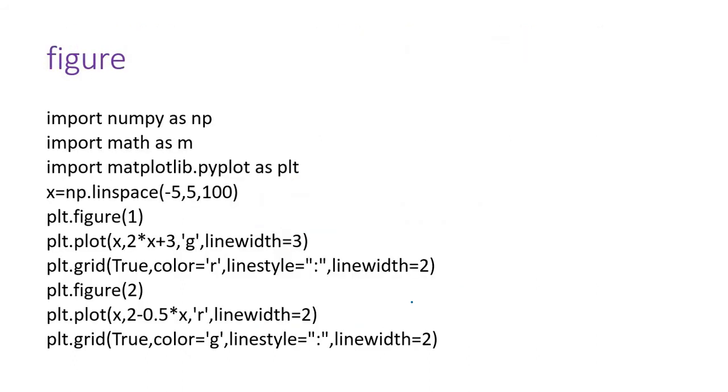Then I don't want figures to overlay. I just want individual figures. Then there are some keywords, figure. You can give the figure number, first figure, second figure, something like this.